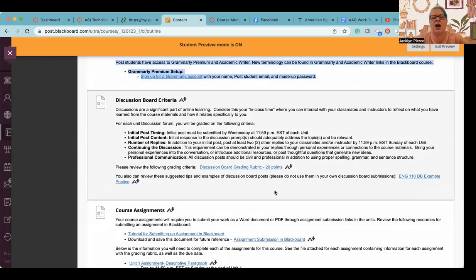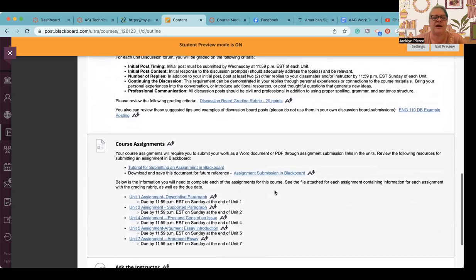You are not required to post a response to anybody else this week, but you do want to have your post up by the end of the week. Typically, you need to have your own post up by Wednesday, and then you have until Sunday to respond to 2 other people. But this week is a little bit different because it's the first week of class. But please read over that.